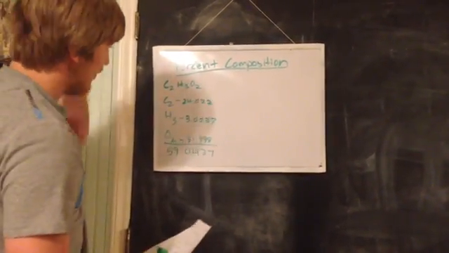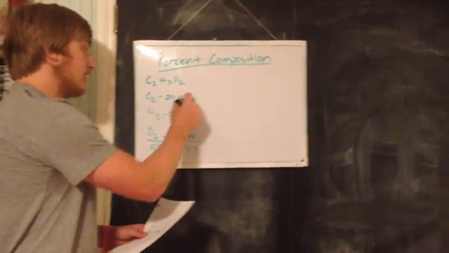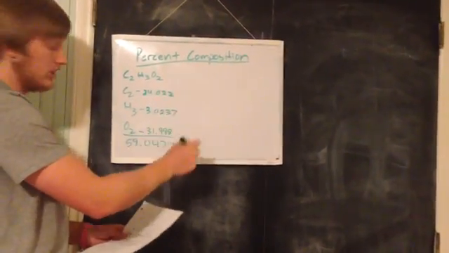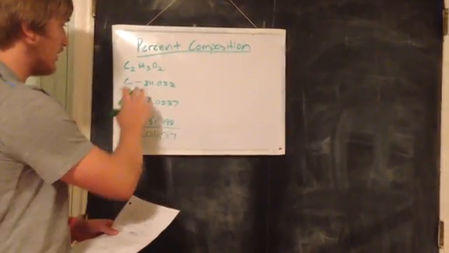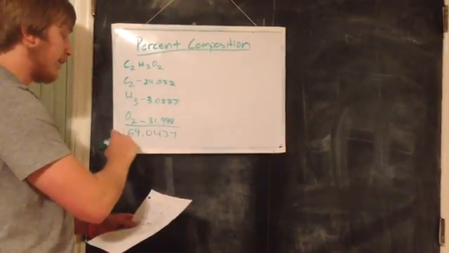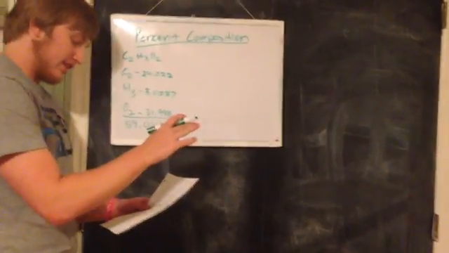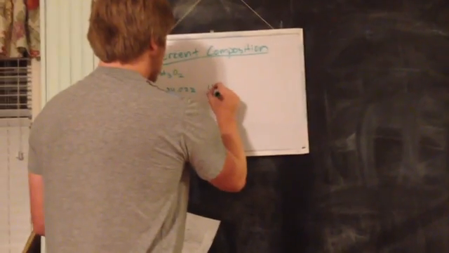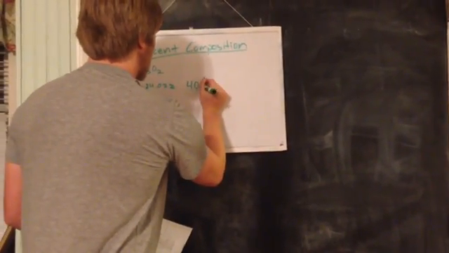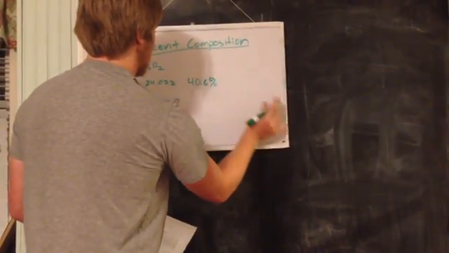You take each individual one and divide it by the total molar mass. So you take 24.022 divided by 59.0437 and you get 40.6%.